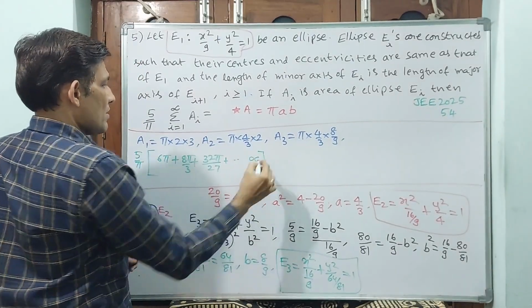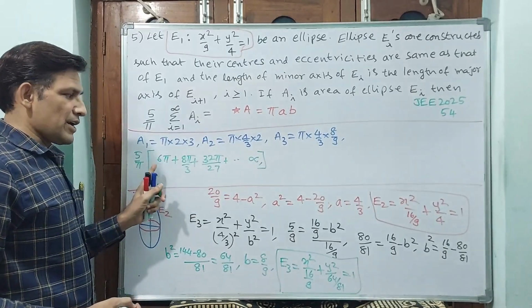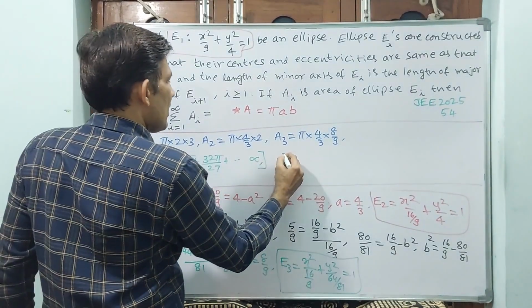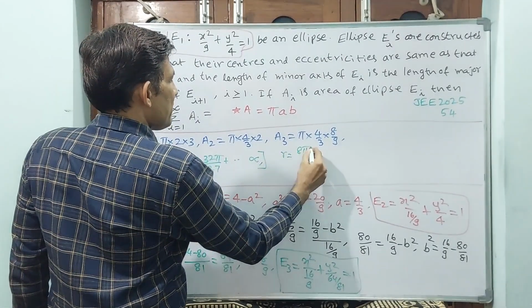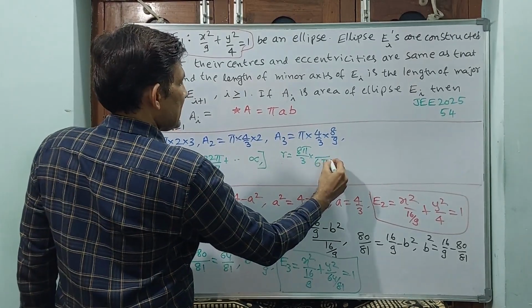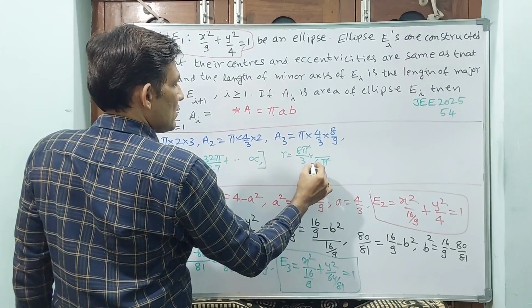See, I presume that this is a geometric progression with ratio r and A is 6 pi, like that. I presume. Let me find, why? Because see, r I am finding. R is 8 pi by 3 divided by 6 pi. Okay, pi is going to get cancelled out.